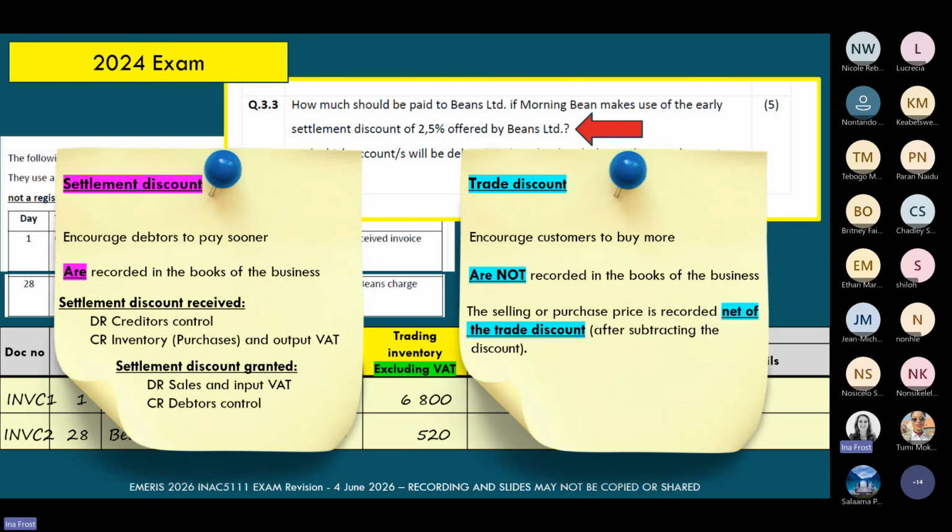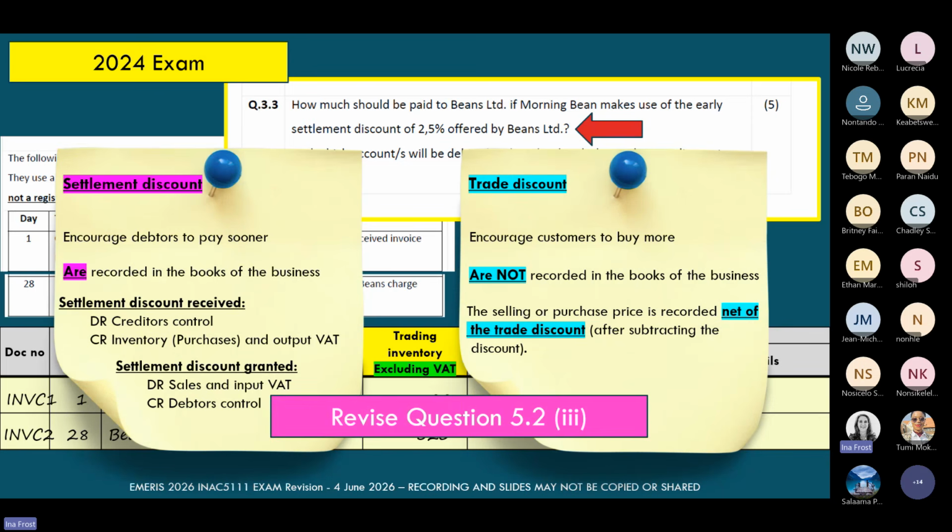So I'm going to just pause for a minute on the slide to give you an opportunity to quickly read through it again and to make sure you know the difference in the two discounts, because there's also a difference in how we record the two discounts. And in your textbook, there's also question 5.2, where they also discuss the differences in the discount. So I'm going to give you a quick minute to just read through this.